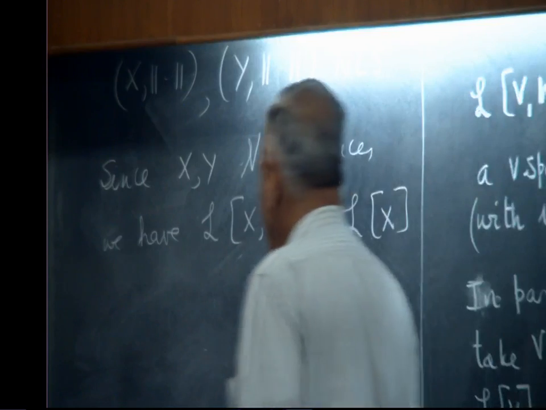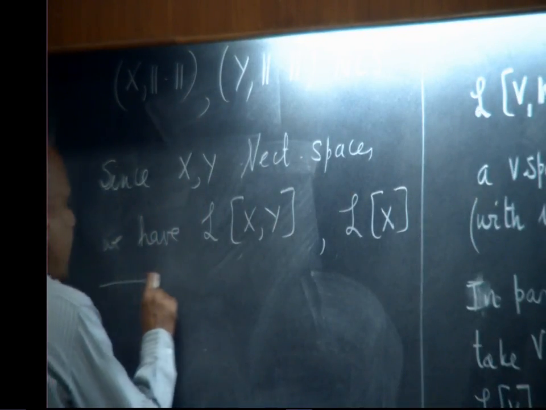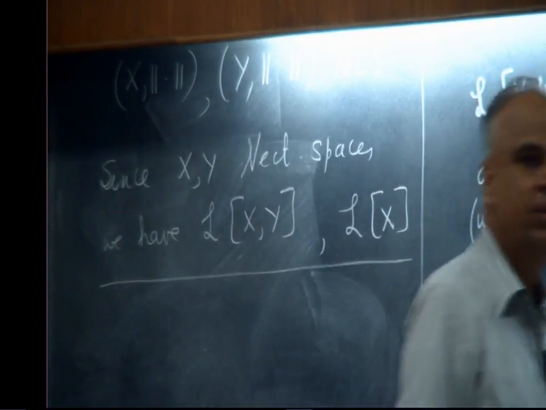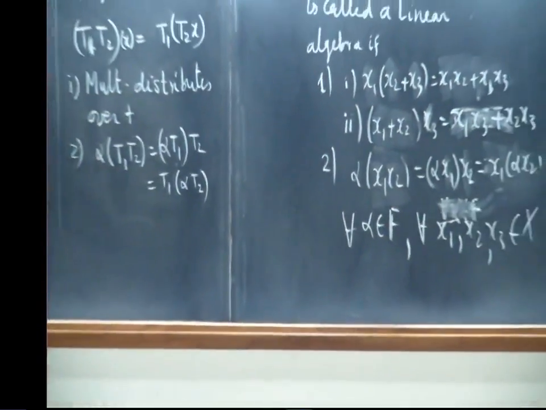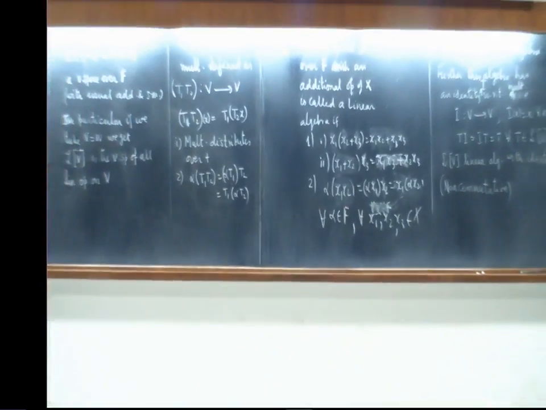But all this while we have been looking at only preserving the two fundamental operations in the vector space. In normed linear spaces, we have more structure. The norm brings in more structure, so we would like functions which preserve these additional structures. In this context, we introduced two notions.